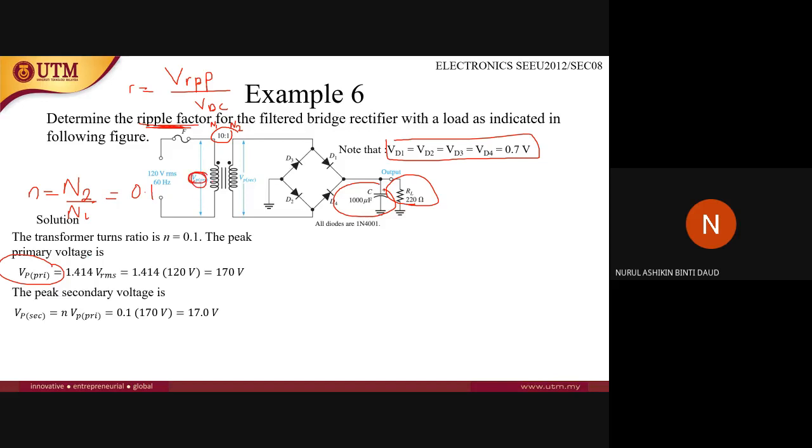Since VRMS is given to you, it is not the absolute voltage of the input source, it is RMS, root mean square. So what you have to do is times it by root 2. So you will get the value of V primary, which is 170 volts. Yeah, 170 volts. So the peak secondary voltage is, again, the formula N2 over N1.